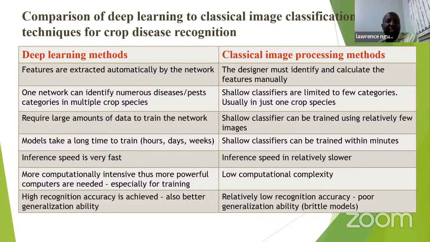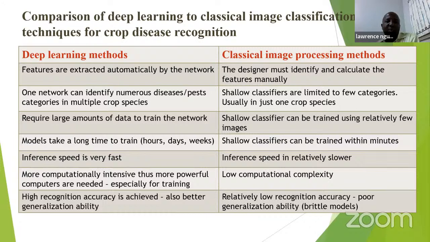When it comes to inference speed, the deep learning methods are very fast. Inference here means the time taken to actually process the image when you want to classify the disease. So the inference speed is very fast with the deep learning methods, and the classical methods are relatively slower.